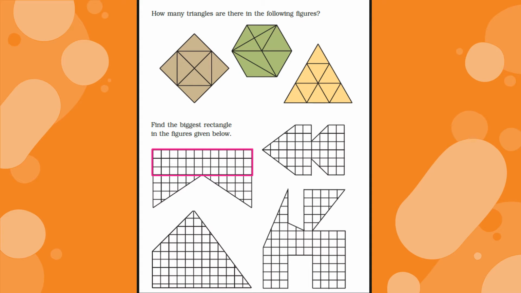The first exercise requires us to tell the number of triangles in these shapes. Starting with this one, we have 12 triangles. How? 1, 2, 3, 4, 5, 6, 7, 8, now 9, 10, 11, 12.